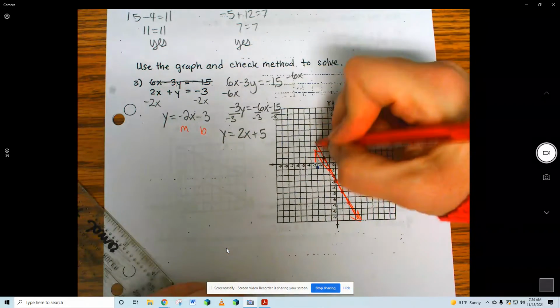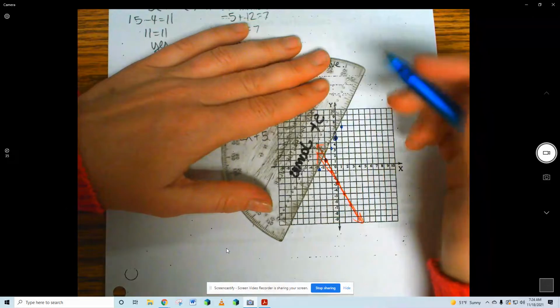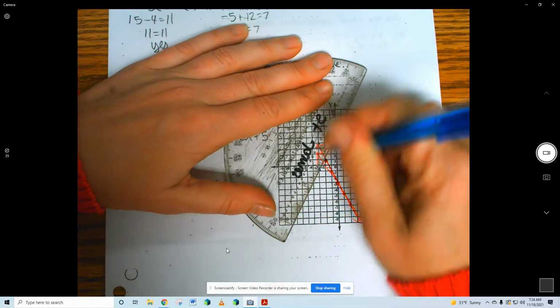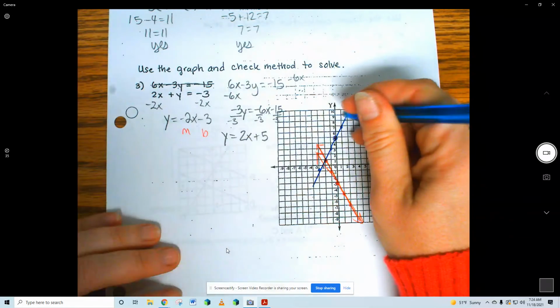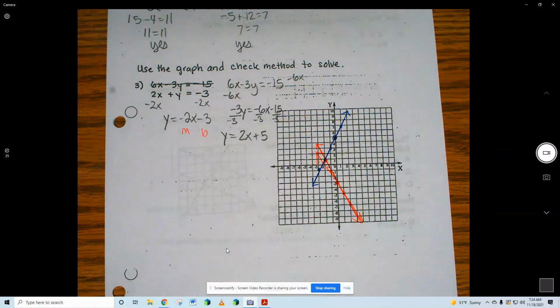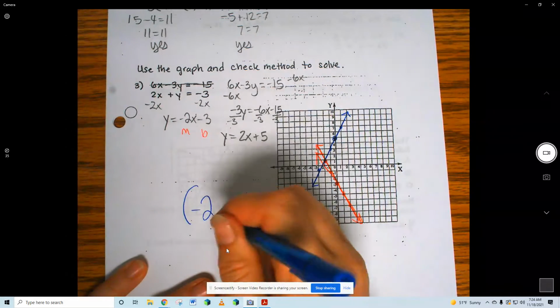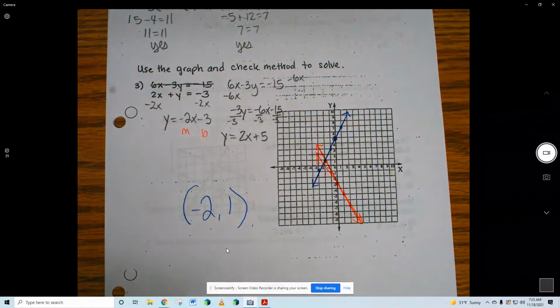That's where the lines would intersect. The ordered pair where they intersect is negative 2, comma 1. 2 to the left, up 1. Yep.